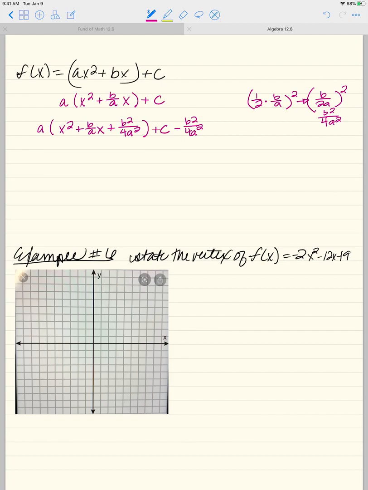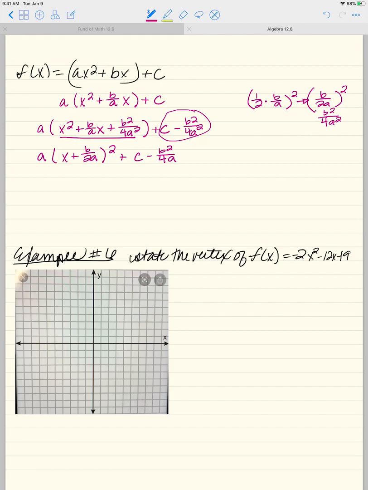Now, factor the trinomial. This is a perfect square trinomial right here. The a still stays out here. When we factor x² + (b/a)x + b²/4a², we get (x + b/2a)², plus this whole mess over here, c − b²/4a.